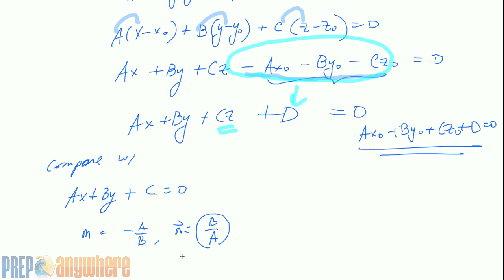We talked about this. Look here, same pattern. The normal information is the coefficients of x, y, z. So for a two-dimensional line, we add an extra dimension, and we don't get a line, we get a plane.